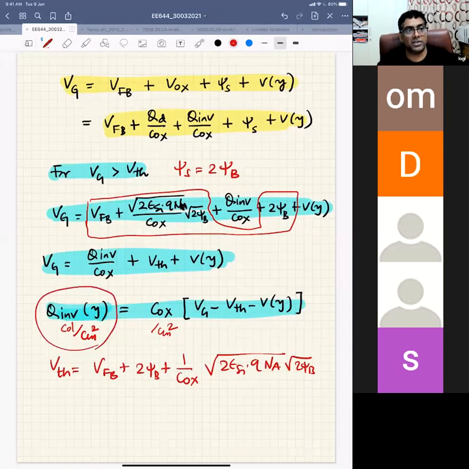There is depletion charge, but that depletion charge will not move, while your Q inversion will move. Your current is because of this Q inversion, and that's why we will only take this part. So your Q inversion is nothing but Cox times Vg minus Vth minus Vy.